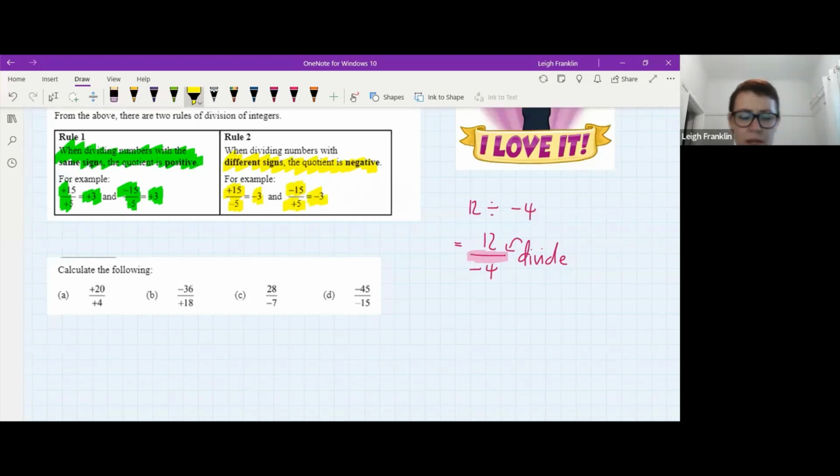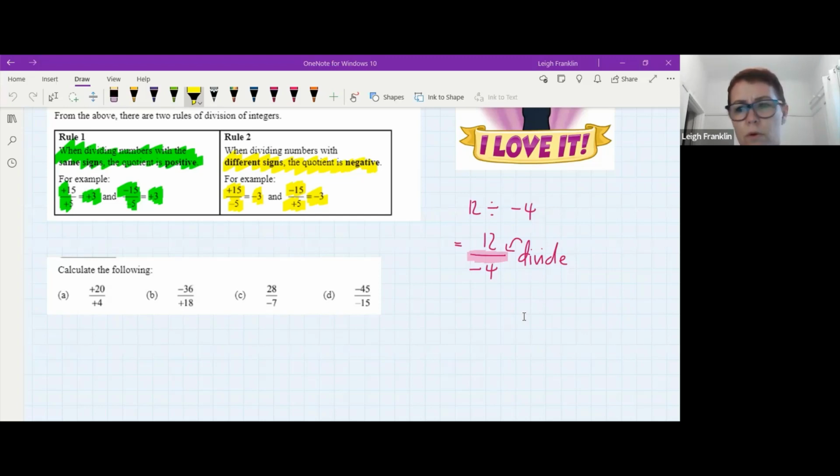Okay, so now before we do the examples, I see there's a couple of people who put their hands up. So let me just have a look here. Tertia, what was your question, Tertia? Ma'am, I was asking where it said calculate the following. Yes. +2 over +4.